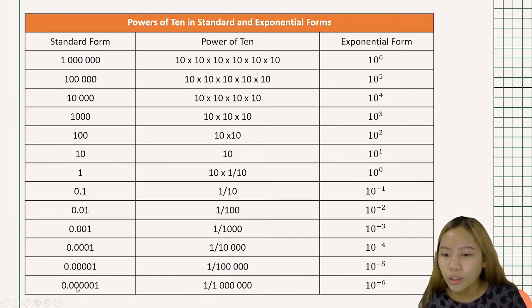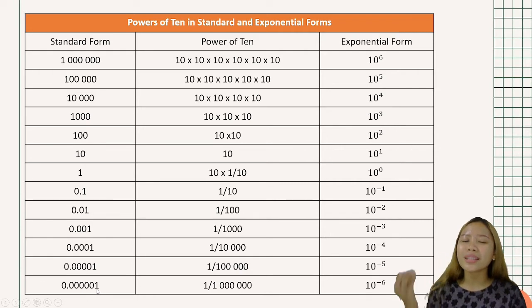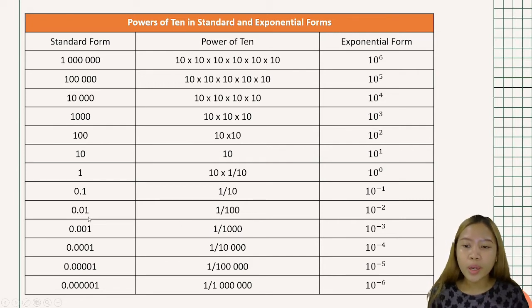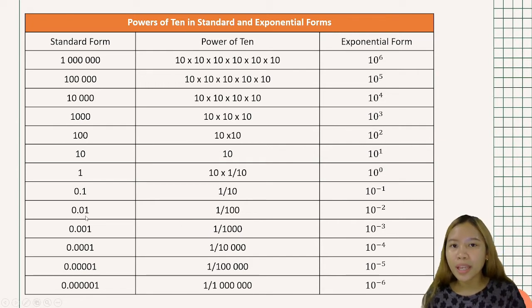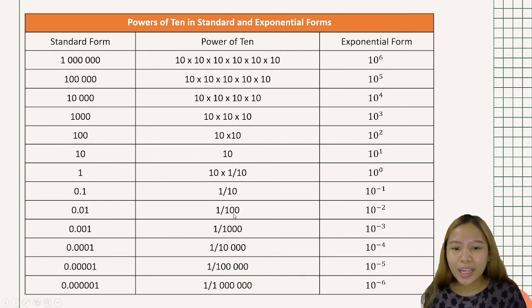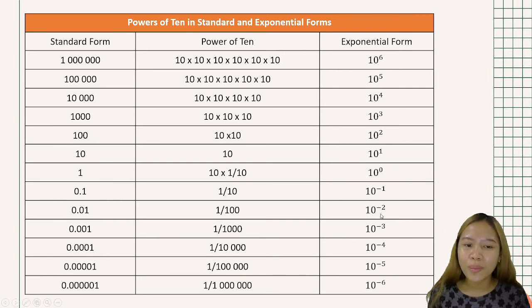So, we have 1, 2, 3, 4, 5, 6. So, the 1 is in the sixth place. Okay, so we have 1 divided by 100, the 1 is in the hundredths place. But of course, if you take a look here at our exponential form, negative 2.